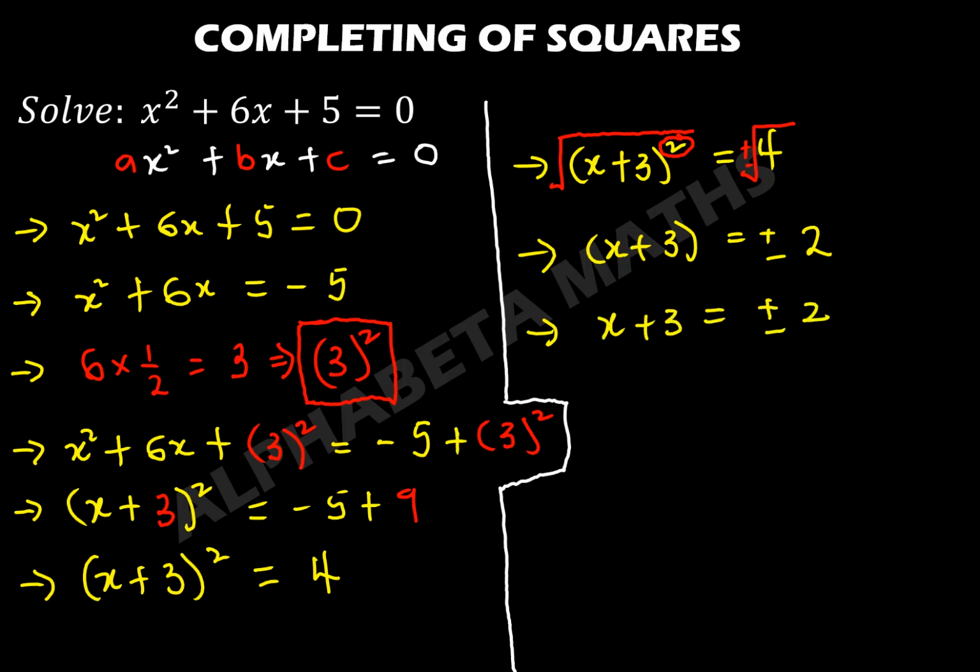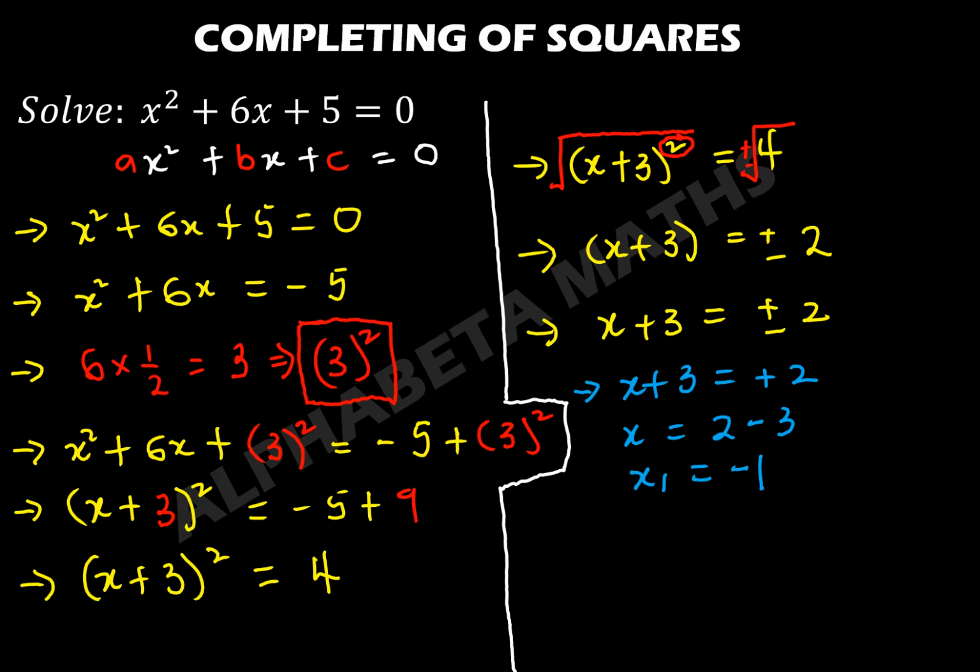After reaching this point, we are going to look at this procedure in two ways, where we have positive 2 and where we have negative 2. For the first part, x plus 3 is equal to positive 2, and we get x equals 2 minus 3, so x1 is equal to negative 1.